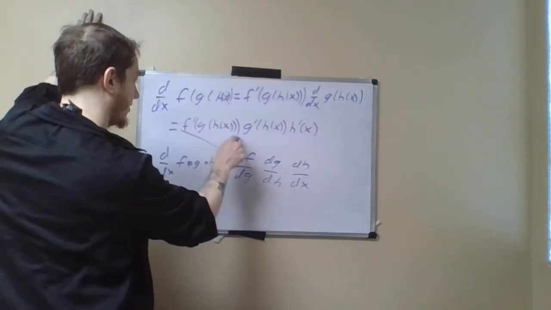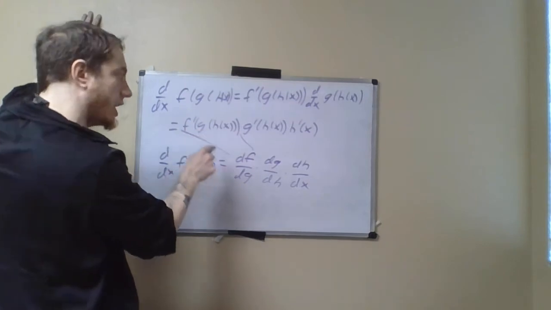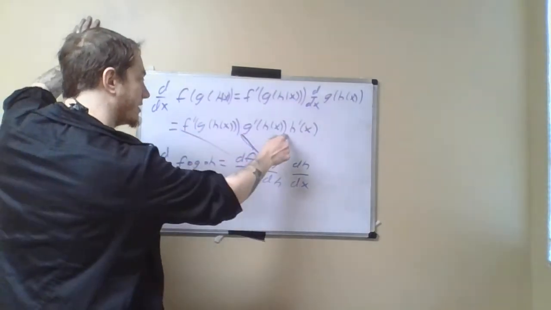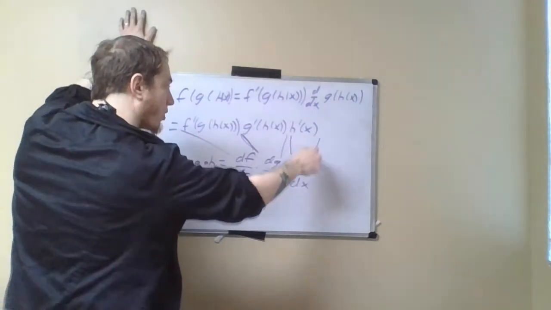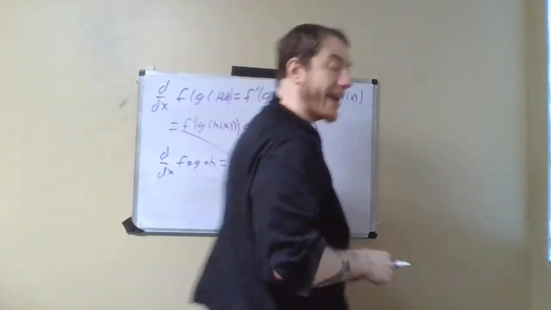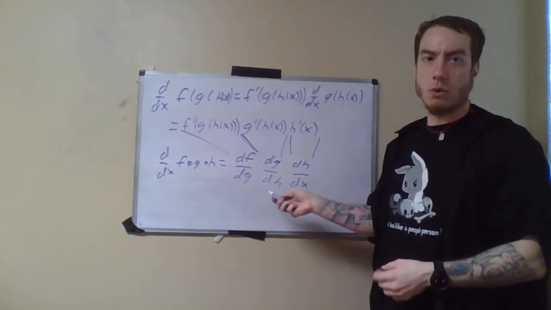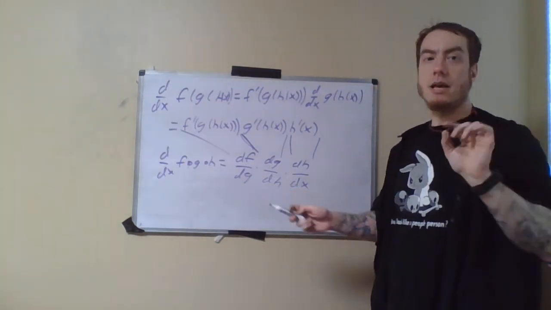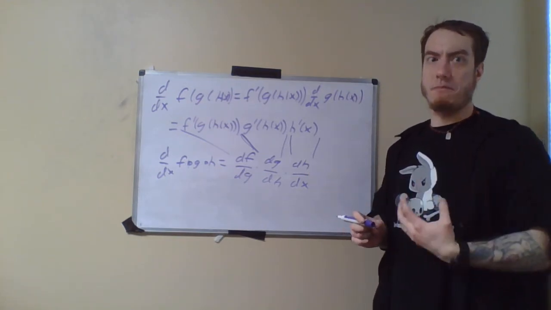So dF by dG is F prime evaluated at G. dG by dH is G prime evaluated at H. And then H prime is, of course, just dH by dx. Again, I'm not a big fan of this notation for the chain rule, but if you like it, then use it. Because it's about what makes things easy for you more than what makes it easy for me.